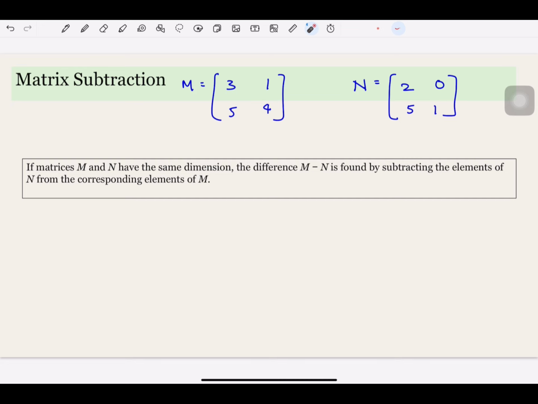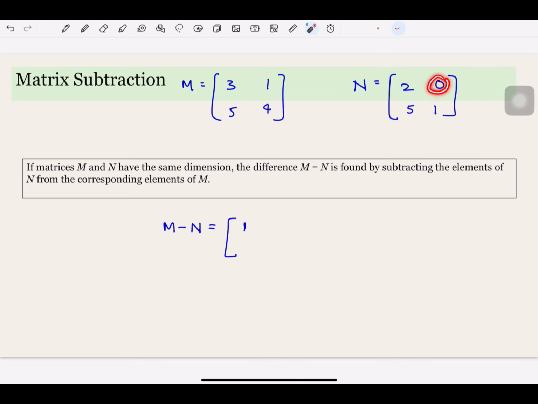Okay, so when we are doing subtraction, again you have to do the subtraction with the matching positions. So let's say you have to take the difference of M and N. So you have to subtract 2 from 3 because these are the two numbers in the matching positions in M and N. So if you do the subtraction, 3 minus 2, it's going to be 1.